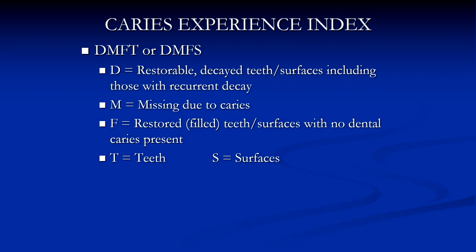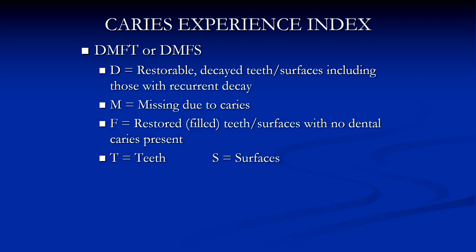So if you're looking at a posterior tooth, there's 5 surfaces that you count and you assess. So you're looking at mesial, buccal, lingual, distal, and occlusal. And then on anterior teeth, if you're doing a DMFS, then you are looking at 4 different surfaces: the mesial, the buccal, the lingual, and the distal.